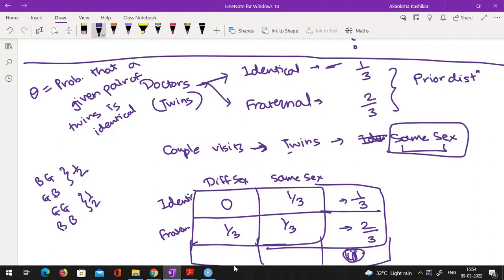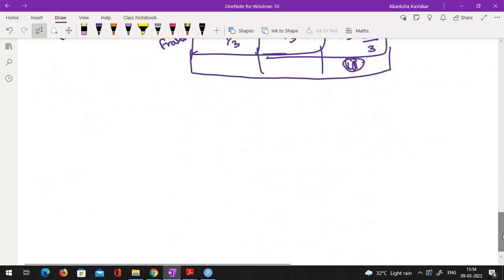Now, this couple knows that they are going to have children of the same sex. That is already known to them. So conditioned on this fact, what would be the distribution of the twins being identical or fraternal? How do I compute that?